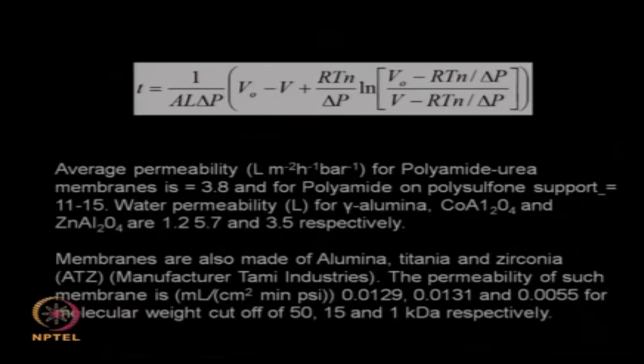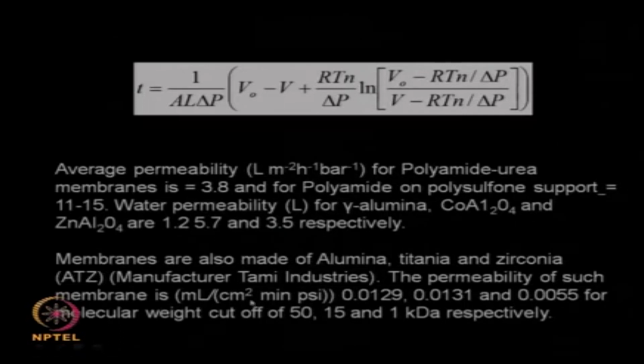We talked about so many polymeric materials: PVDF, polyethylene, polycarbonate, polyacrylamide, cellulose acetate and so on. We can also make membranes with inorganic materials, like alumina, titania and zirconia, and there are companies which manufacture this type of membrane, such as TAMI Industries.